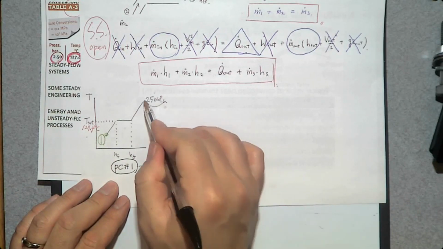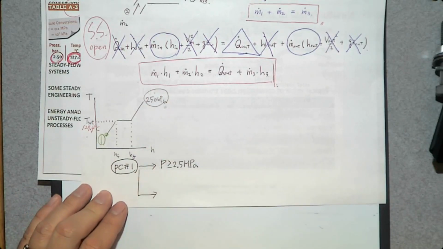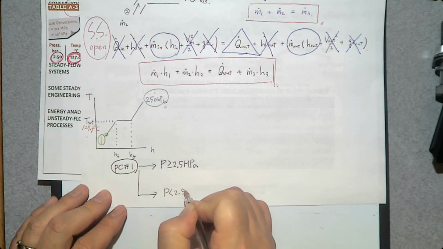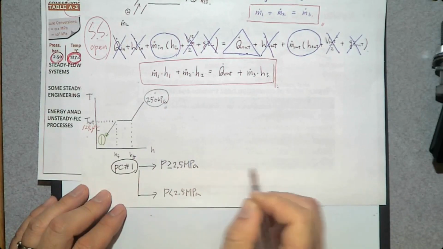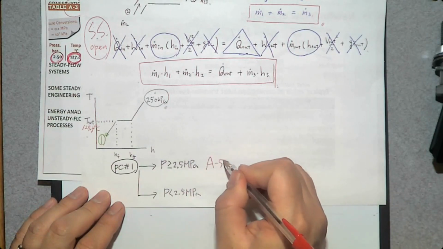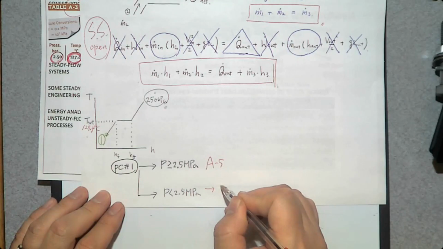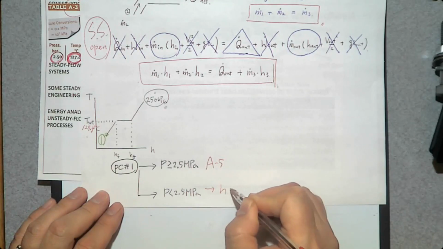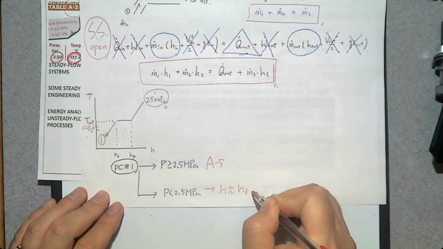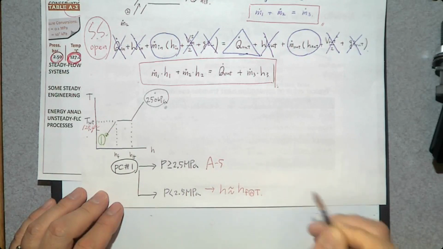In our case, only 250 kilopascal. When pressure is low, or less than 2.5 megapascal, in this way, we go to table A5. In this way, we assume that the properties of these compressed liquids can be approximated as the properties of saturated liquid at the same temperature.